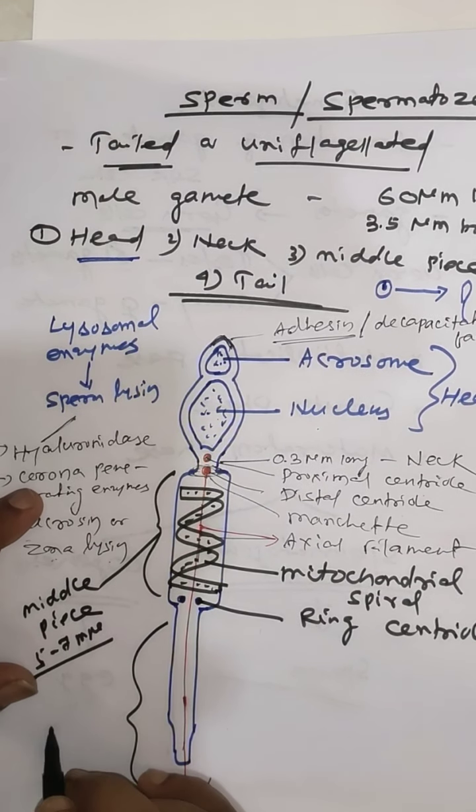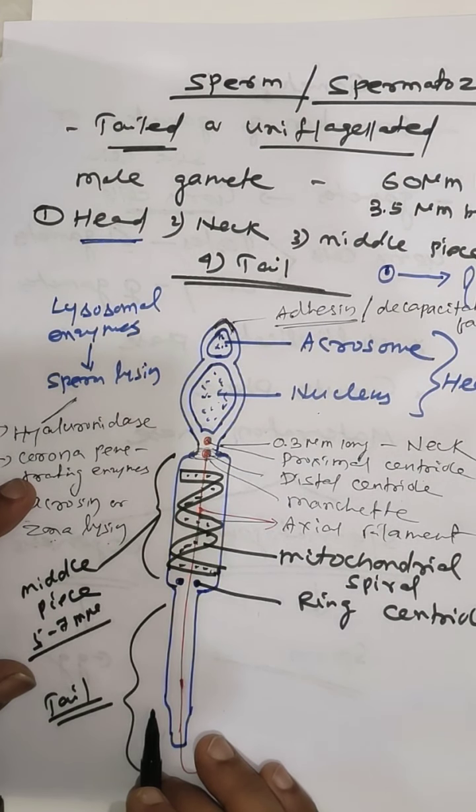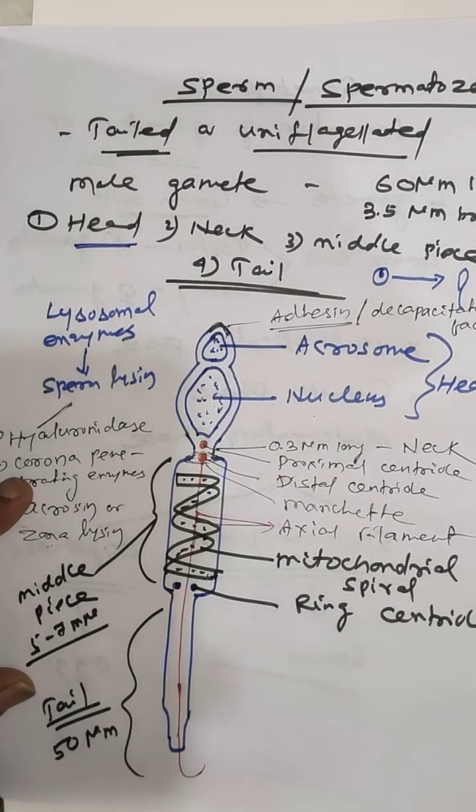The tail is again differentiated into two parts. It is the last and longest part of the sperm, about 50 millimicron in length.